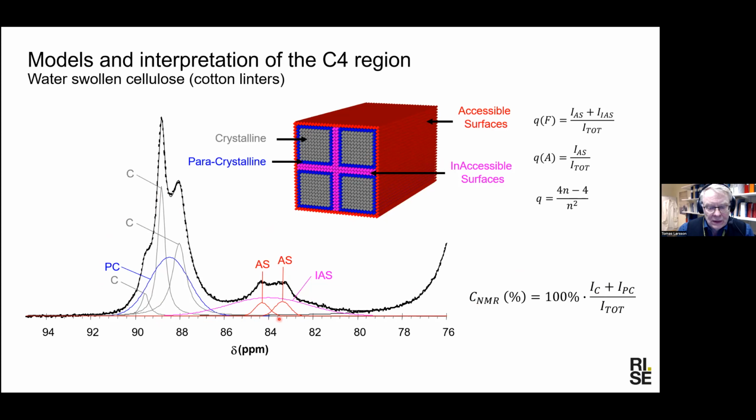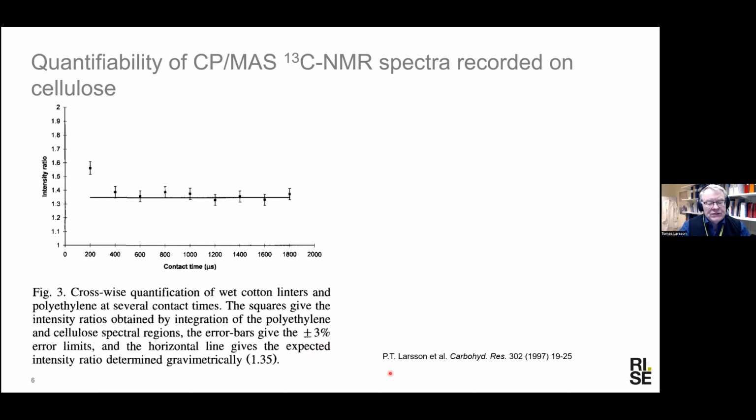But spectral fitting builds on one assumption, and that is that all these fitted functions and the signals that you record are representative of the amount in the sample with the same, if you wish, response factor. And to figure that out, we have established that this turns out to be the case for cellulose.